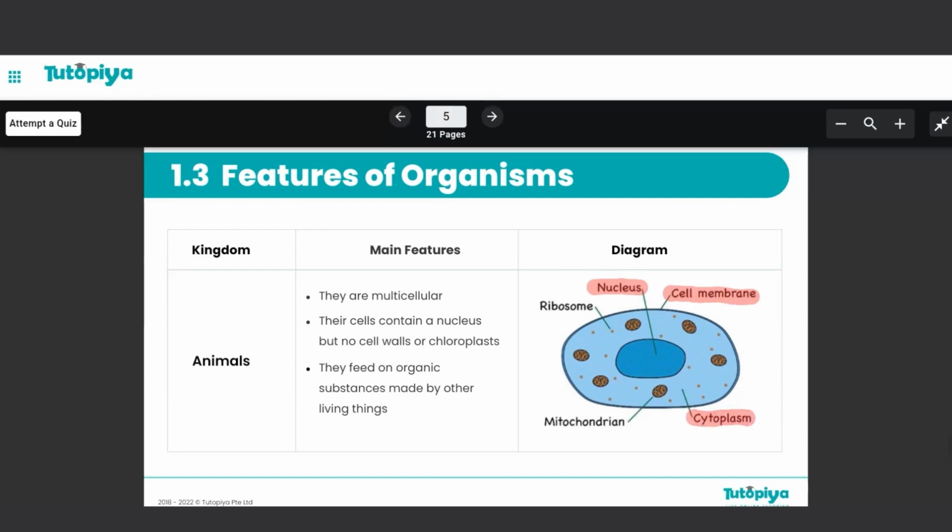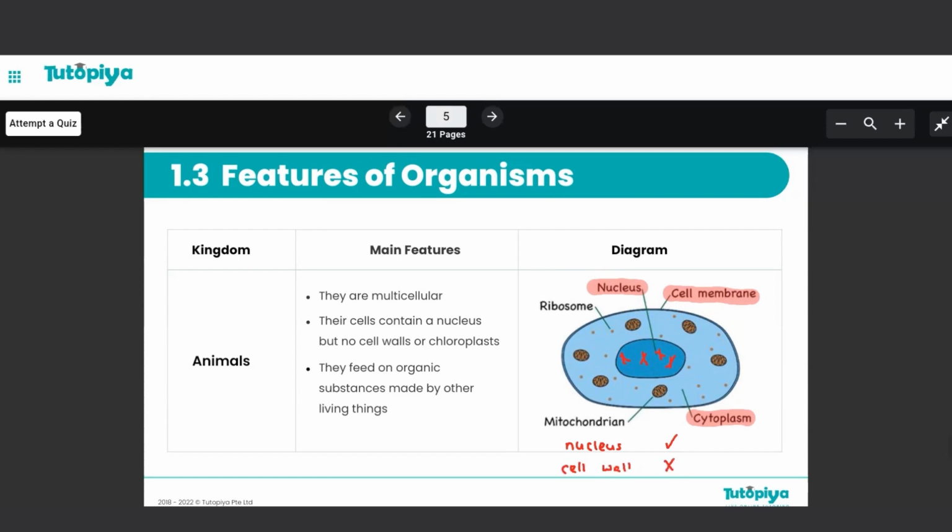Now, when looking at these features of the animal cell, let's note down some important points. You can notice that the animal cell has a nucleus, and inside this nucleus, you're going to find the DNA, the chromosomes. Another important point to note in this animal cell is that these cells do not have a cell wall.